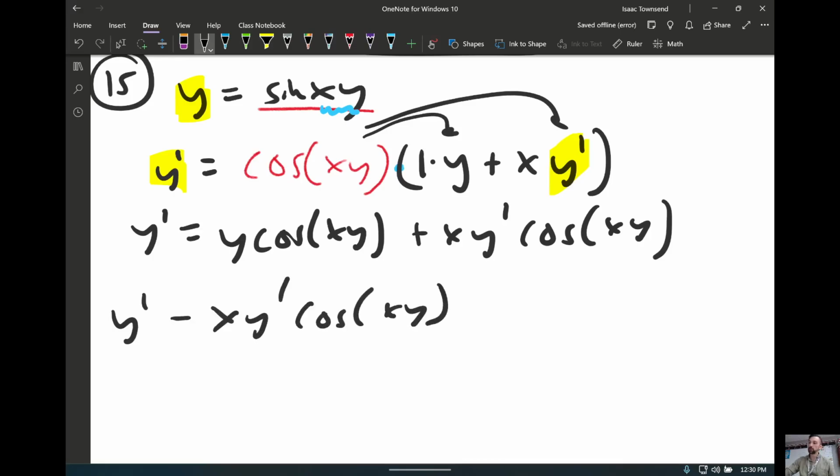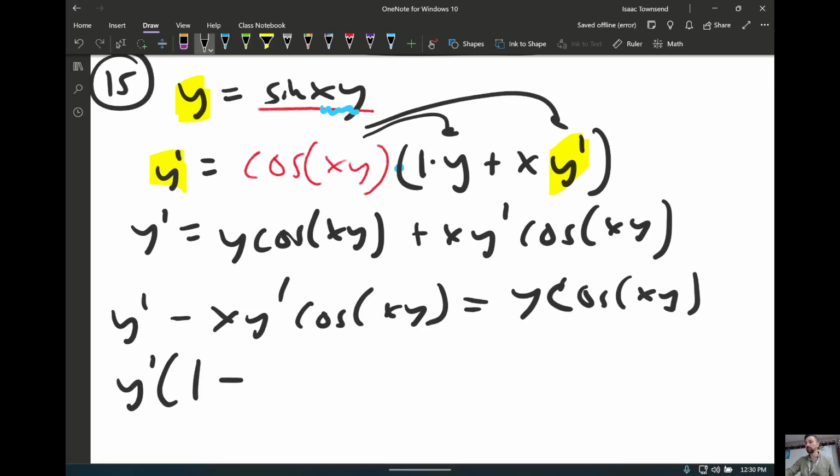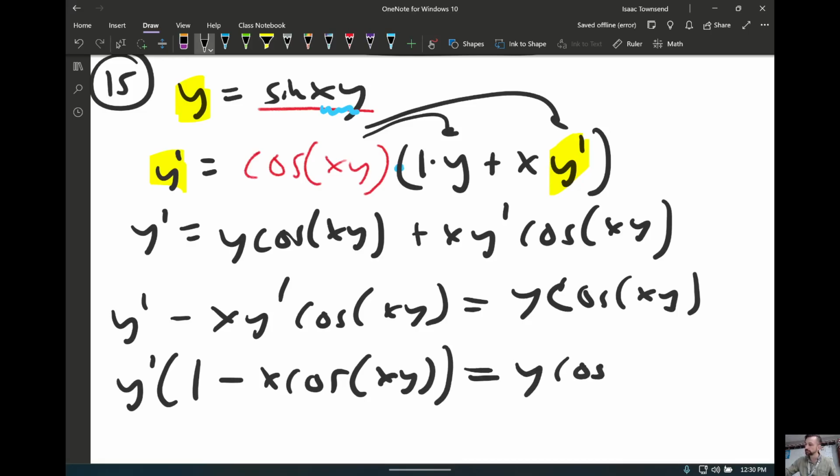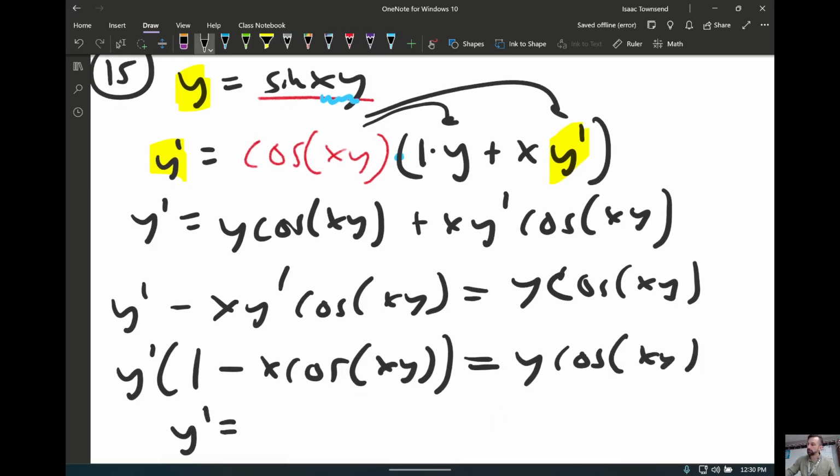And the reason I know I should try that, I'm not just doing random steps here, is because now both of these have a y prime, so you can factor out the y prime and undo times with divide, just like how most of these questions finish. So I would anticipate the derivative to be y cosine xy over 1 minus x cosine xy.